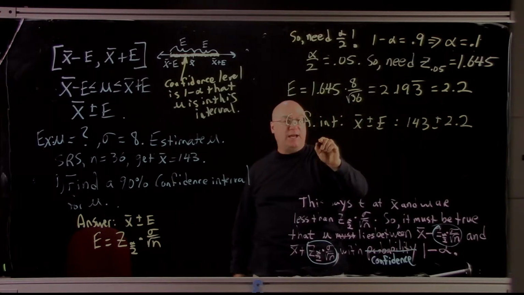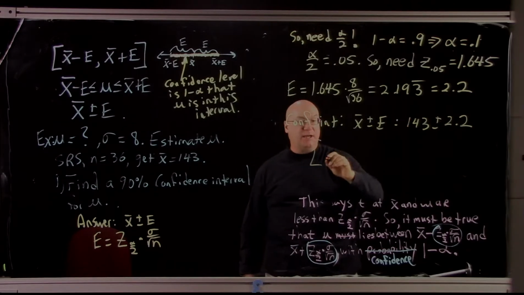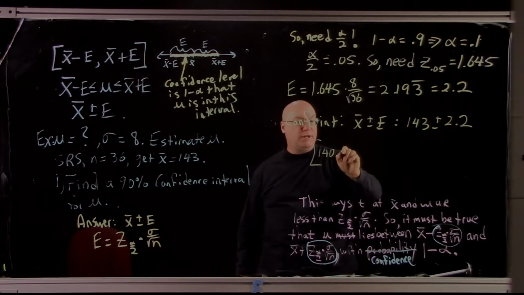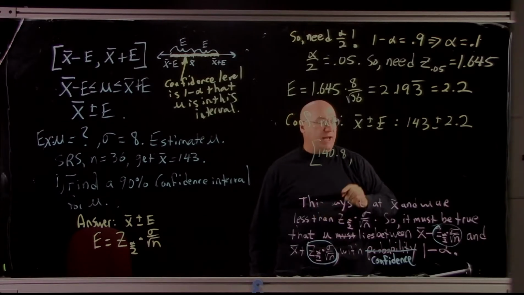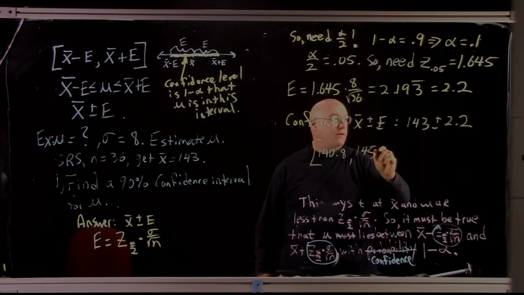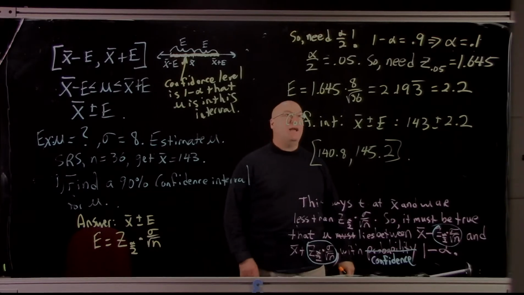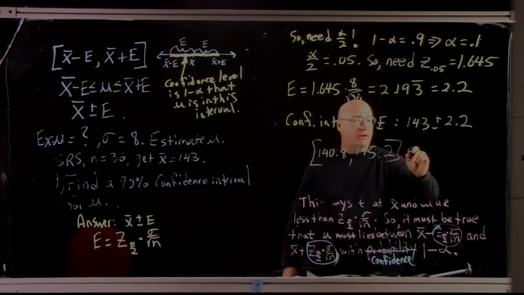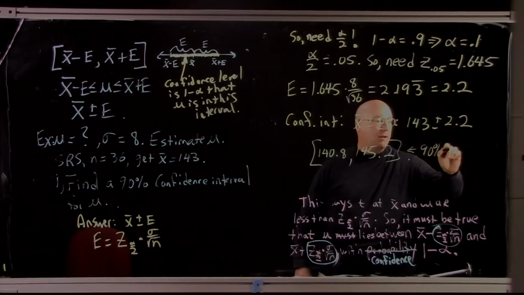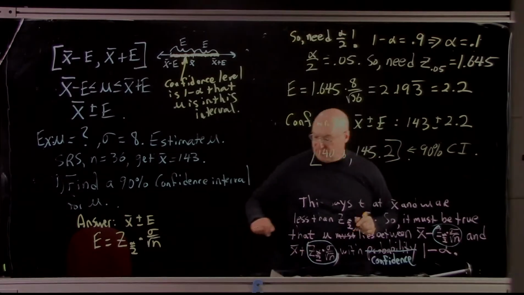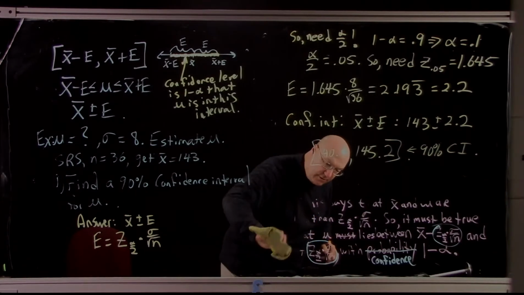If I subtract, I get 140.8, and if I add, I get 145.2. There is my 90% confidence interval. CI is often how we abbreviate confidence interval.